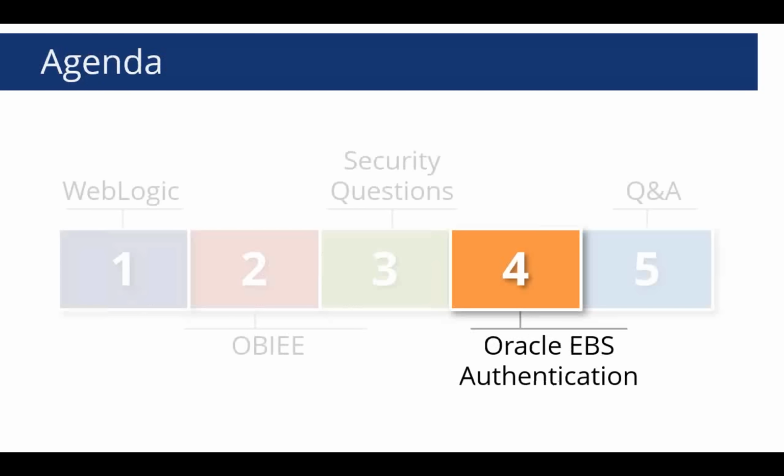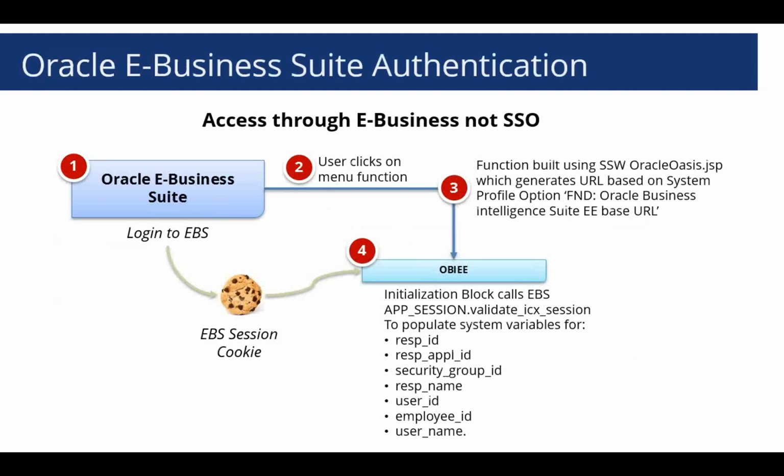As I said, we had some questions with regard to Oracle eBusiness Suite authentication and authorization, so I put this slide together to show how the process works. What we're talking about here is Oracle eBusiness Suite authentication. A user logs into the Oracle eBusiness Suite and clicks on a function in a menu, which then brings them into OBIEE.